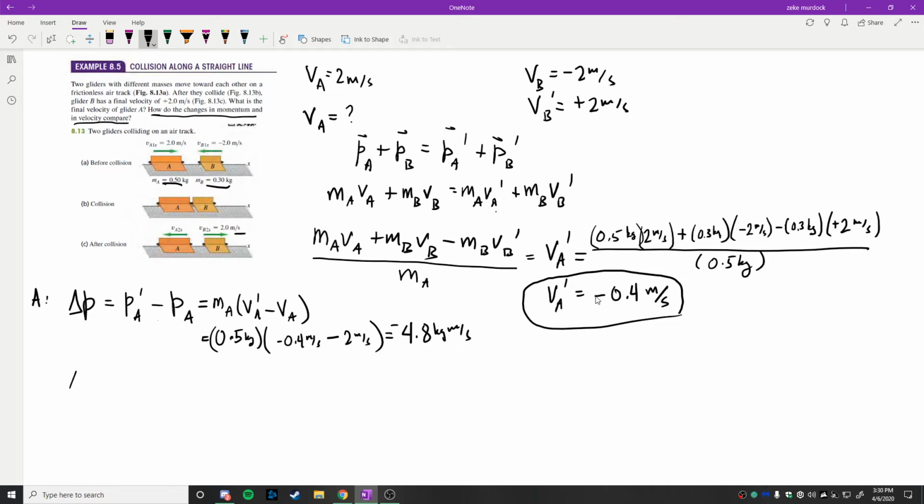Yep. And then for ball B, this is going to be PB prime minus PB. So PB is a mass of 0.3 kilograms, and we're multiplying that by the change. So the final velocity was 2 meters per second minus the initial velocity, which was negative 2 meters per second.